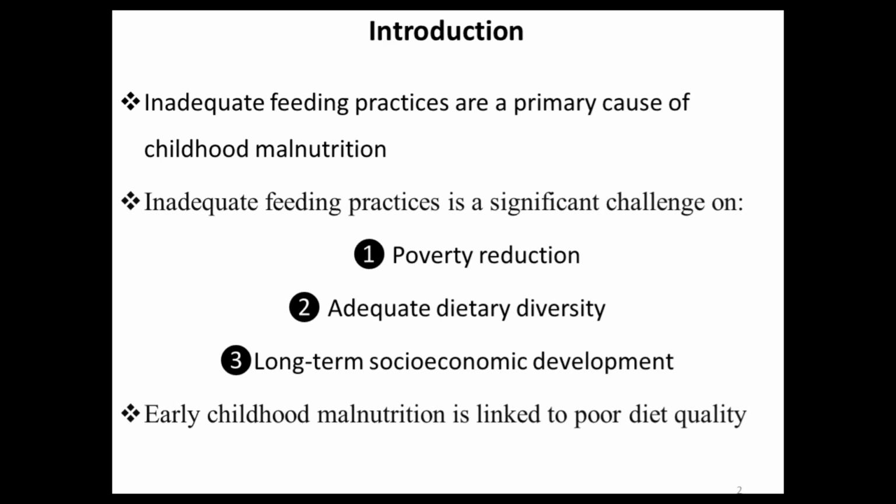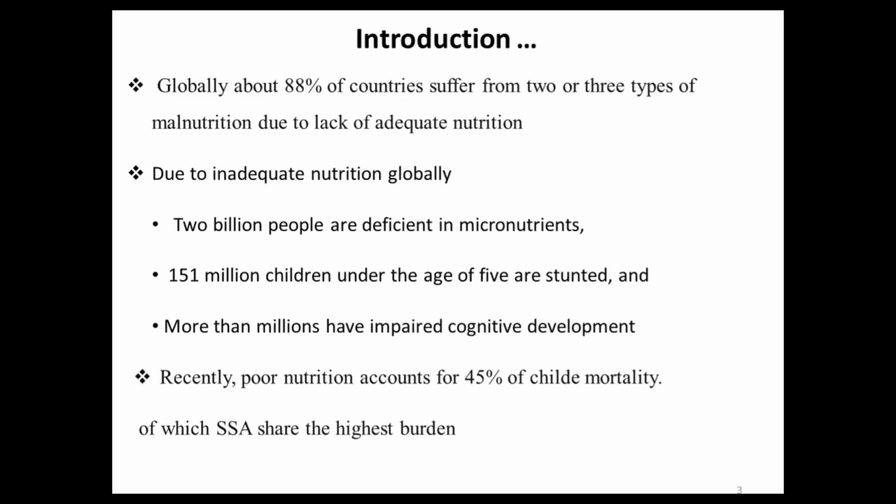Inadequate feeding practices are a primary cause of child malnutrition. Inadequate feeding practice is a significant challenge to poverty reduction, adequate dietary diversity, and long-term socioeconomic development. Early childhood malnutrition is linked to poor diet quality. Globally, about 88% of countries suffer from two or three types of malnutrition.